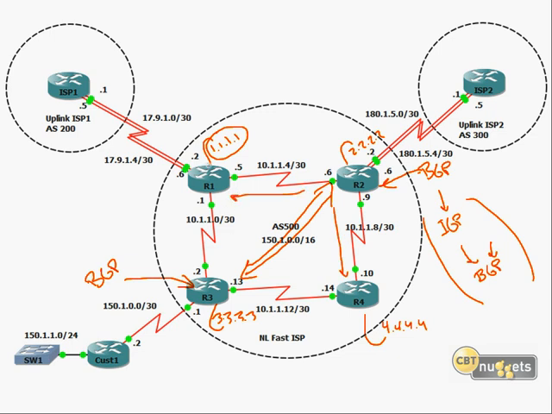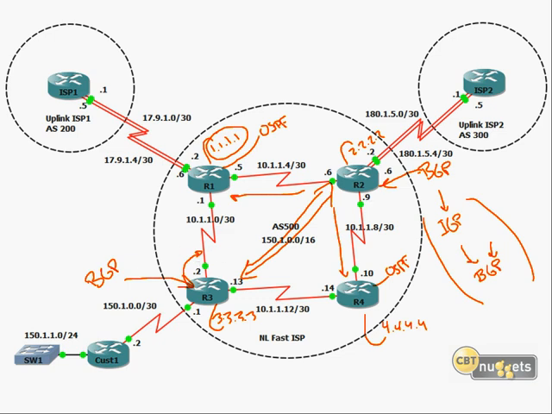Well, those routers maybe aren't running BGP. Maybe those are just transit routers running OSPF or whatever internal routing protocol they happen to be running. If that were the case, then what we would have to do is redistribute BGP into the internal protocol for it to have the route.